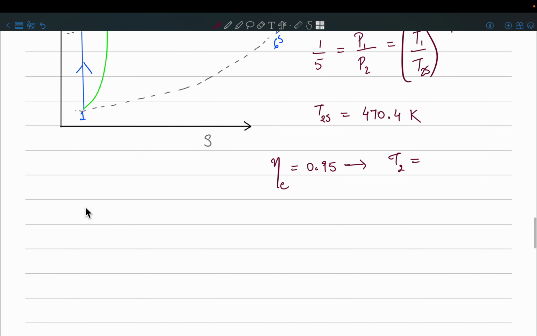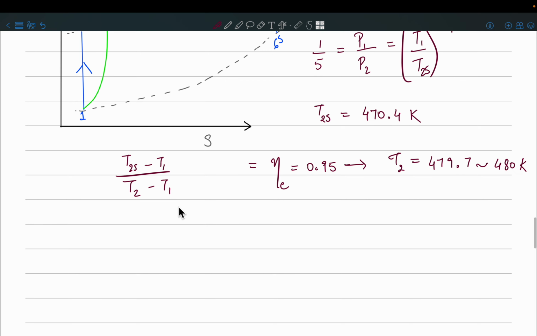What is the value of T2? Yeah, it's approximately 479.7, or you can approximate it to 480 kelvins. Okay, so that is the efficiency of compressor. I'll still write the formula, that is T2s minus T1 divided by T2 minus T1.